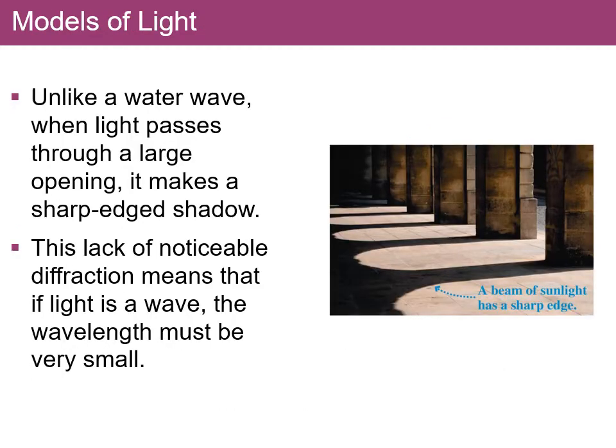Unlike what is observed for a water wave, when light passes through a large opening, it makes a sharp-edged shadow, as shown here. This lack of noticeable diffraction means that if light is a wave, the wavelength must be very small.